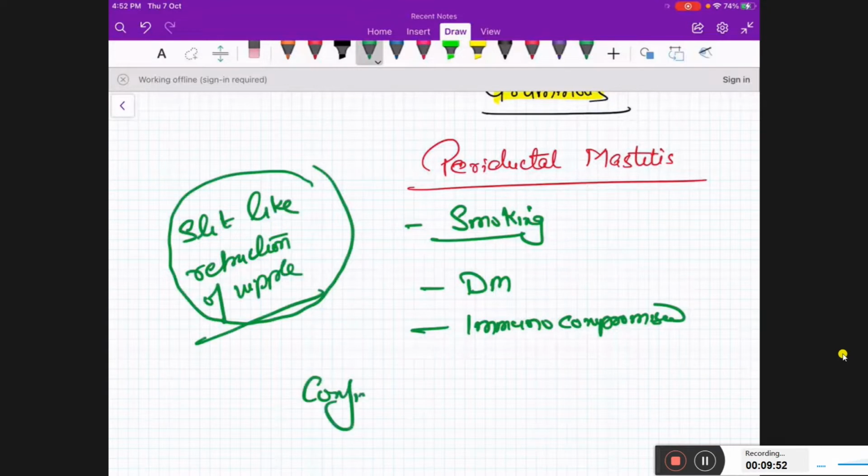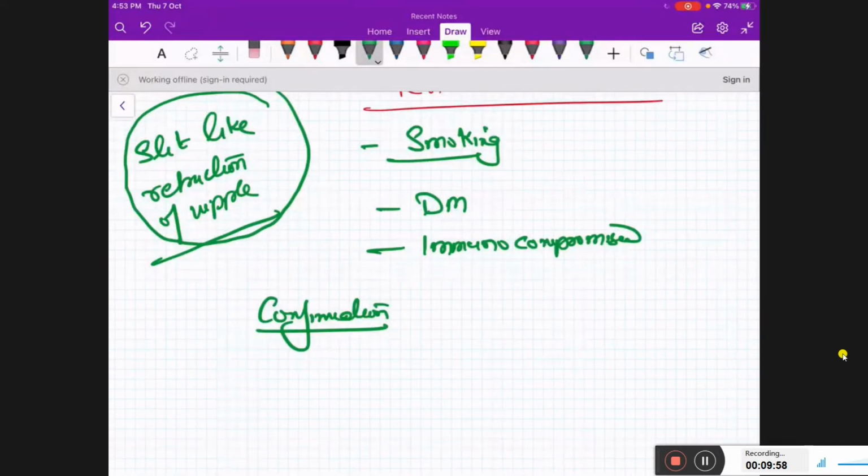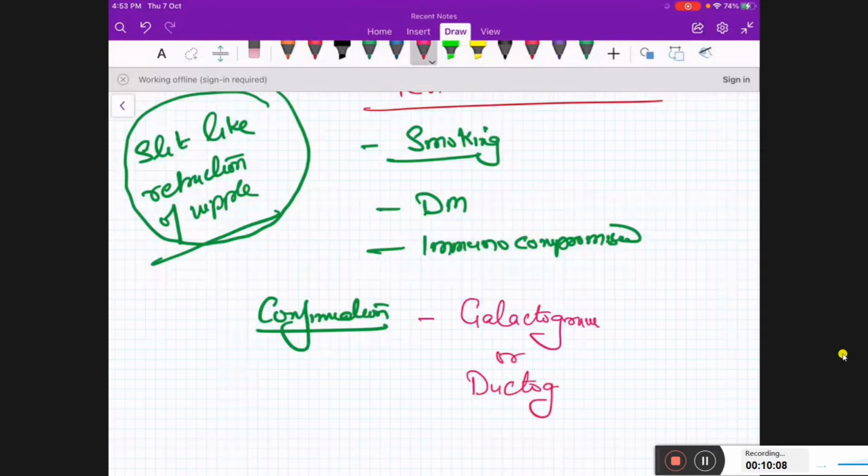Confirmation of diagnosis of duct ectasia is by galactogram, which is also called ductography.